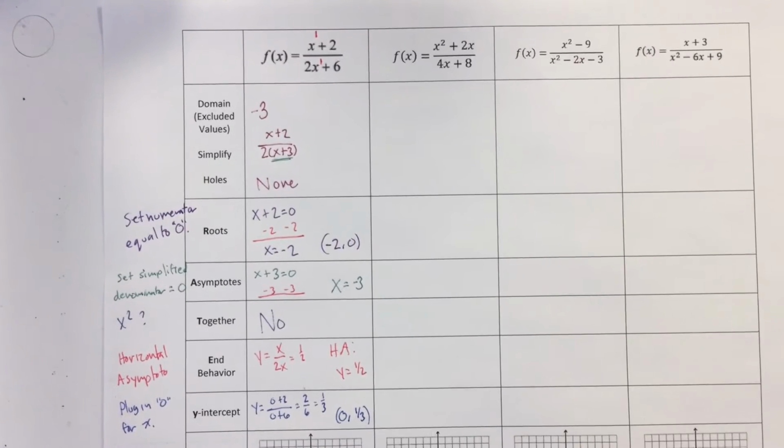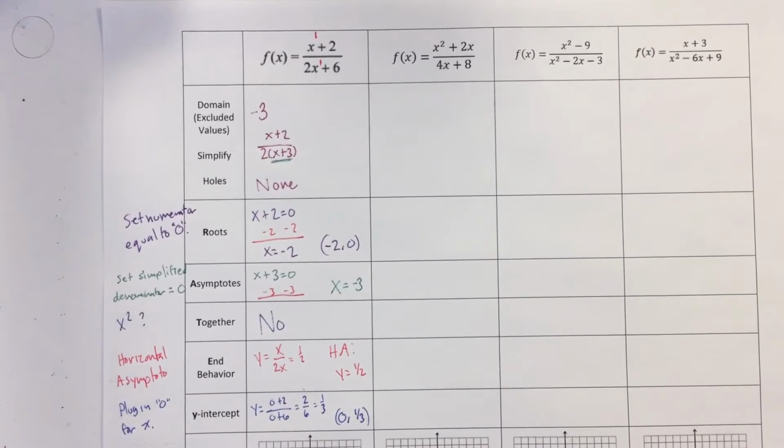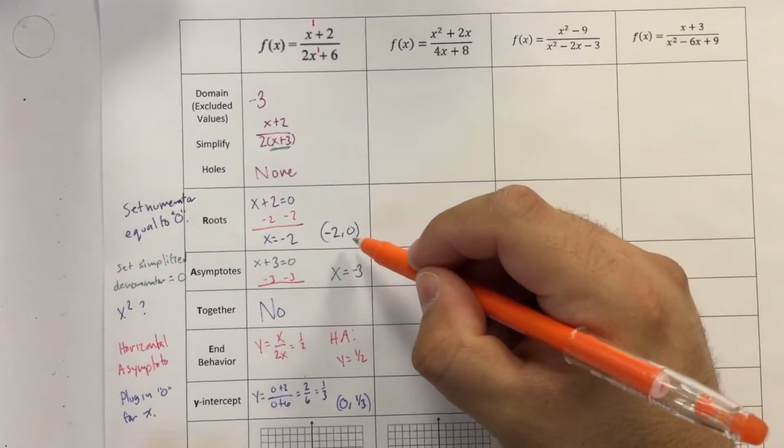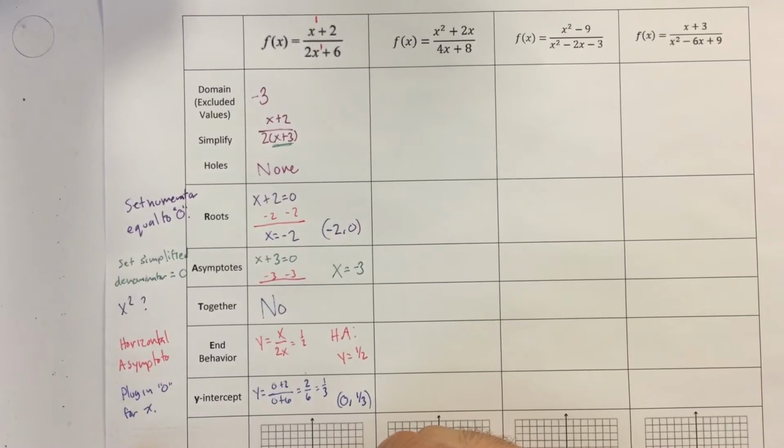And now, last thing, we just graph it. I'm going to graph this in orange. Watch what I'm going to do. I'm going to take all my values and graph them. My first one, negative 2, 0, is my x-intercept, so let's graph that.